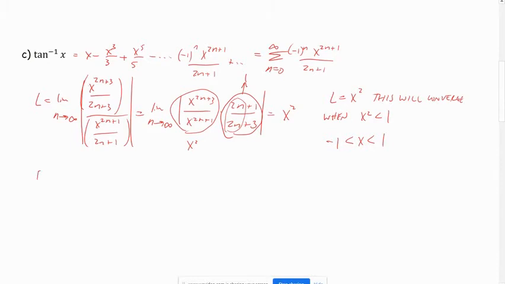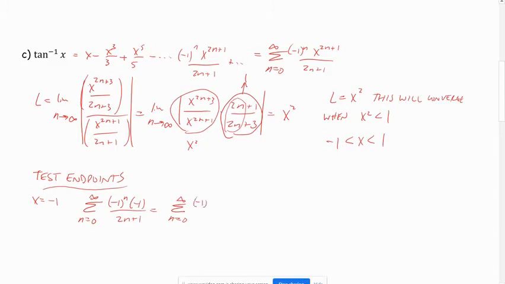And so when we test x equals -1, it becomes the sum from n equals 0 to infinity of -1 to the n. Let's see, -1 to the 2n plus 1, that's an odd power. So an odd power is always going to be -1, and then this in the denominator is going to be 2n plus 1. And so this is still an alternating series.